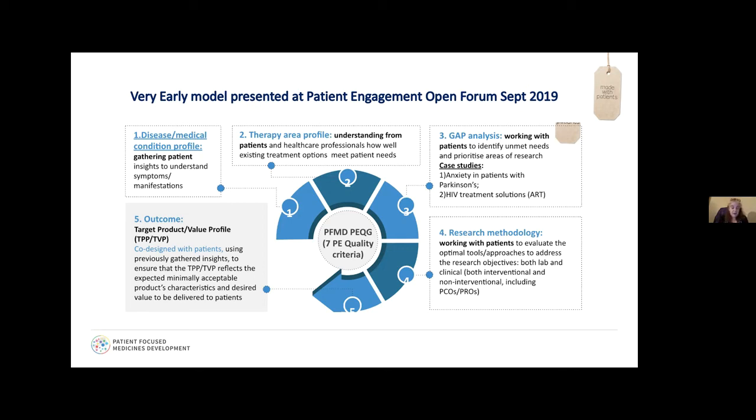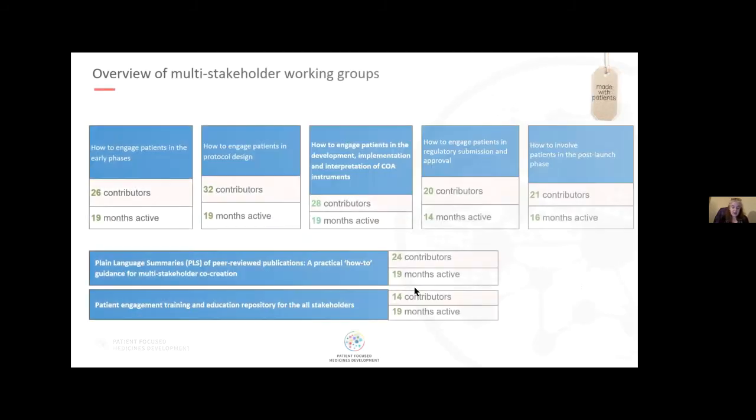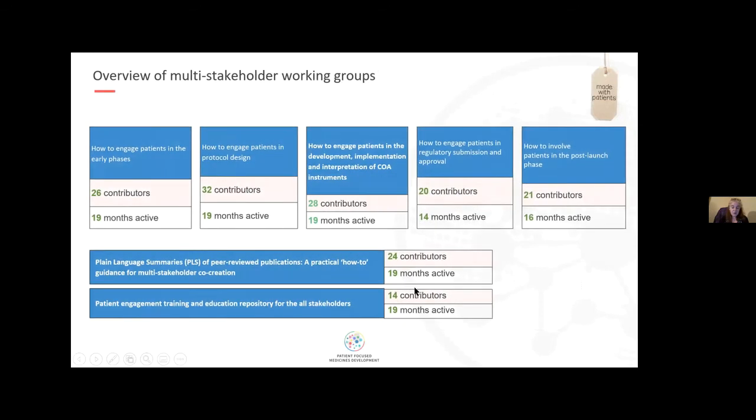The next two slides show an overview of multi-stakeholder working groups and also one which shows all the contributors. I advocate strongly for multidisciplinary approaches to all aspects of medical healthcare, so I'm a huge supporter of all stakeholder approaches.